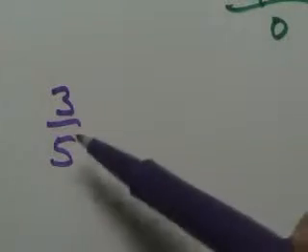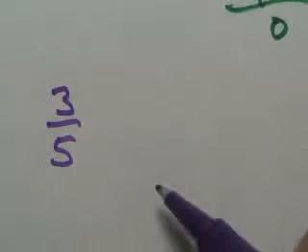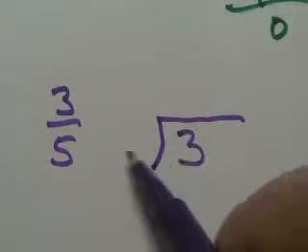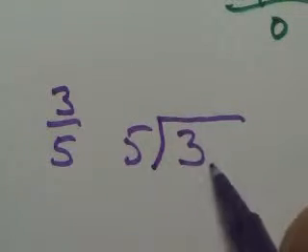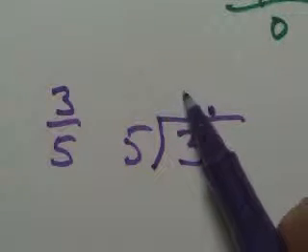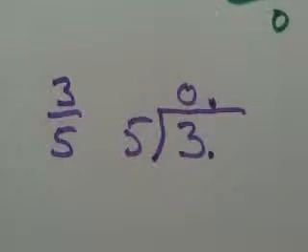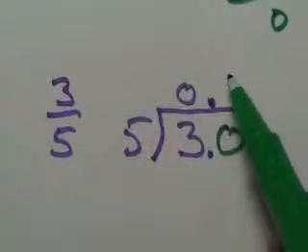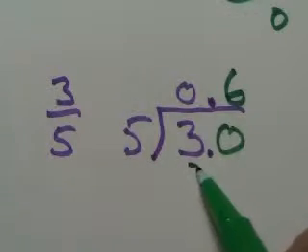One more example. Here's a fraction. I want to make it into a percent. So first, I need to divide to make it a decimal. Top number goes in the box. This number on the outside. There's the decimal. Bring it straight up. 5 does not go into 3. I add a 0. 5 goes into 30 6 times. 6 times 5 is 30.